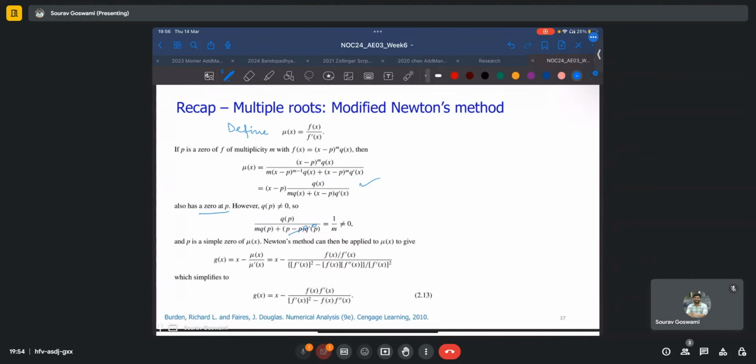And p is a simple zero of mu(x). Newton's method can thus be applied to this modified quantity mu(x) as g(x) equals x minus mu(x) by mu prime of x, which is equal to x minus f(x) f prime of x by [f prime of x squared minus f(x) f double prime of x]. So this modified Newton's method can very well prove useful in dealing with cases where you have multiple roots.